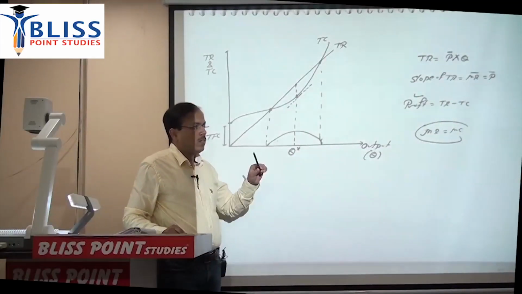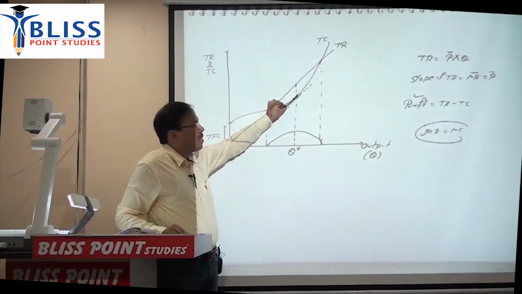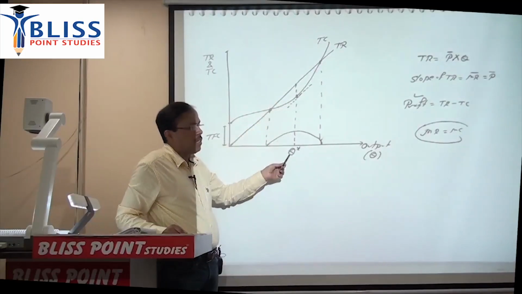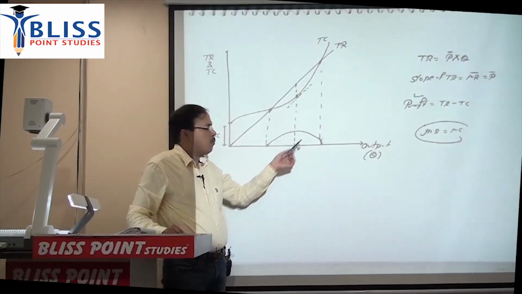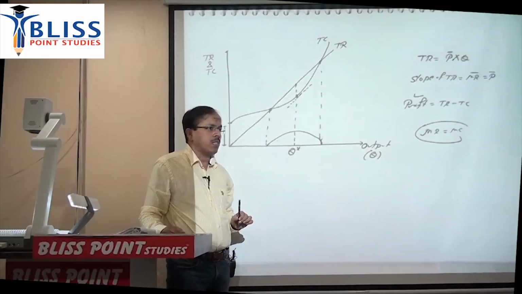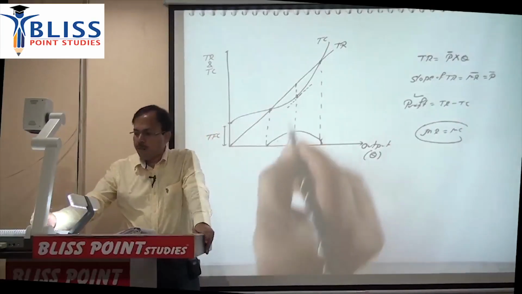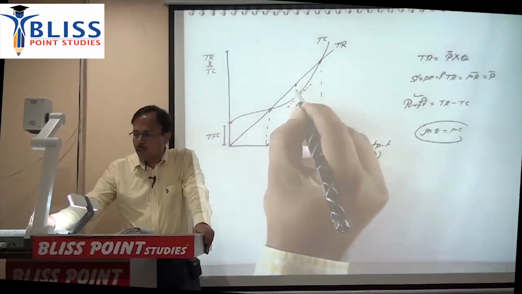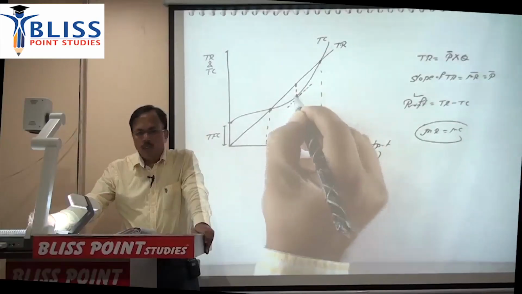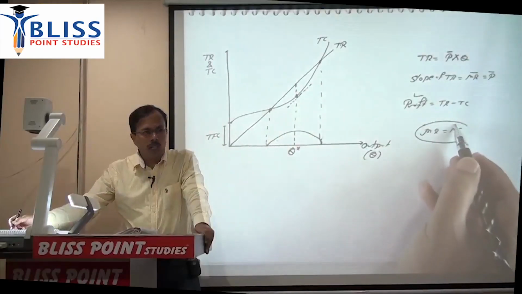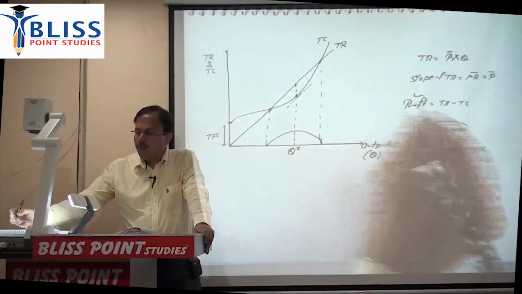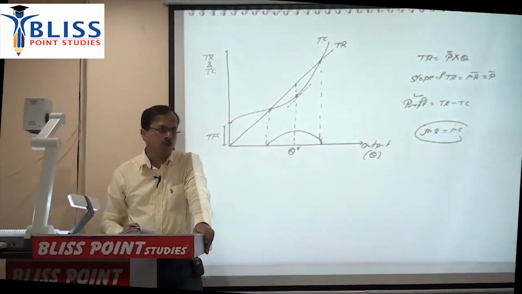Indicating that the slope of TR and the slope of TC are the same at that point, implying that at the same quantity MR is equal to MC. So profit is maximized, and the maximum amount of profit is this gap. Although both conditions hold, you have followed the TR and TC approach here.